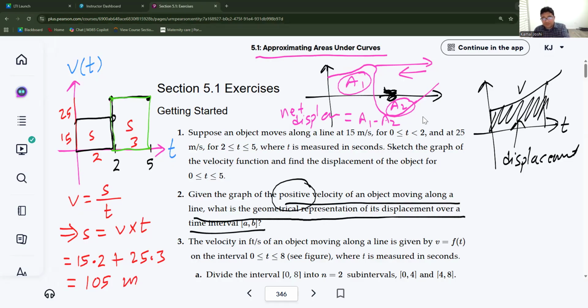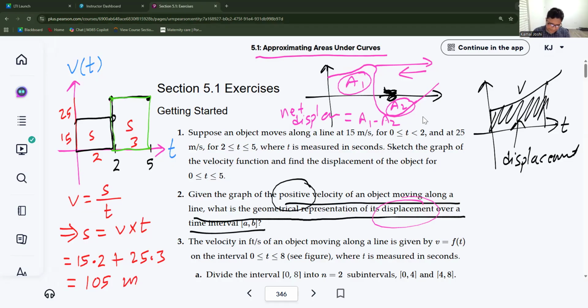So the displacement will be A1 minus A2. However, if the question is asking for the total distance traveled, like if I take my car from home to the college and back, displacement is 0. But the distance is twice the distance between my home and college, right? So if the question is about distance, we would say A1 plus A2. If the question is about displacement, then A1 minus A2. So here it is asking displacement.